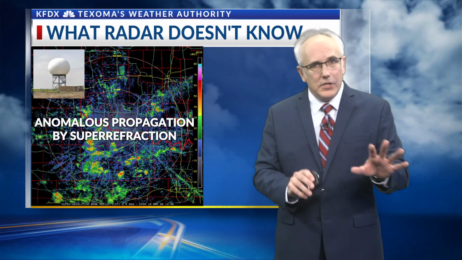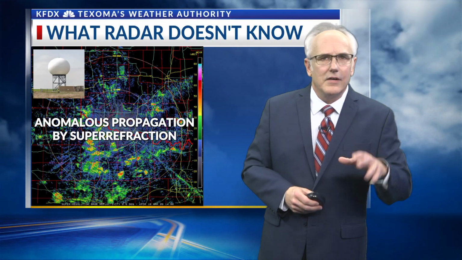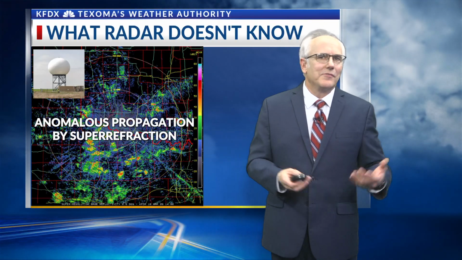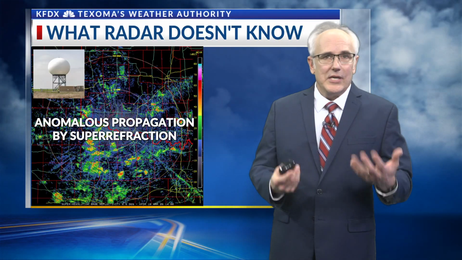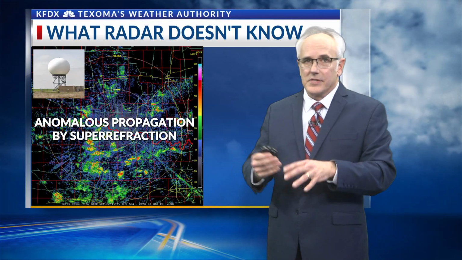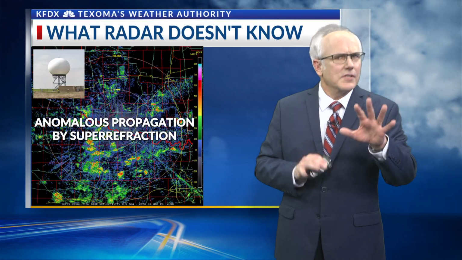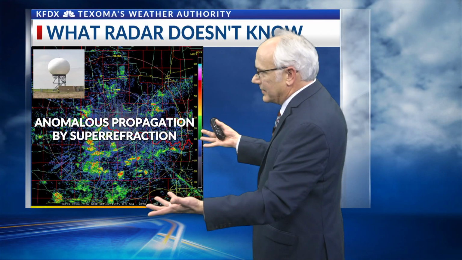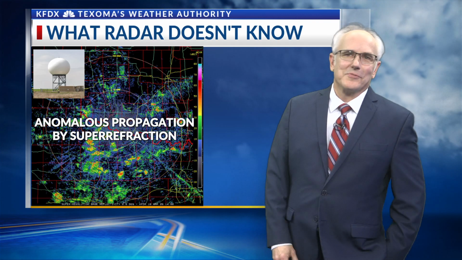Now, the first clue that these are not storms is that, well, they're not moving. Also, of course, we know where the wind farms are here in Texoma, but it's important that the meteorologists check other sources, the satellite, maybe surface observations, just to confirm that what this is in fact ground clutter. And of course, they won't have to worry about adding rain to the forecast.